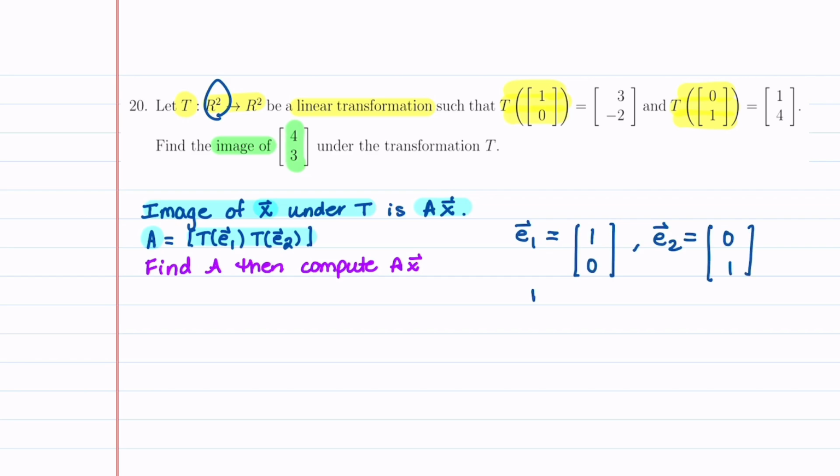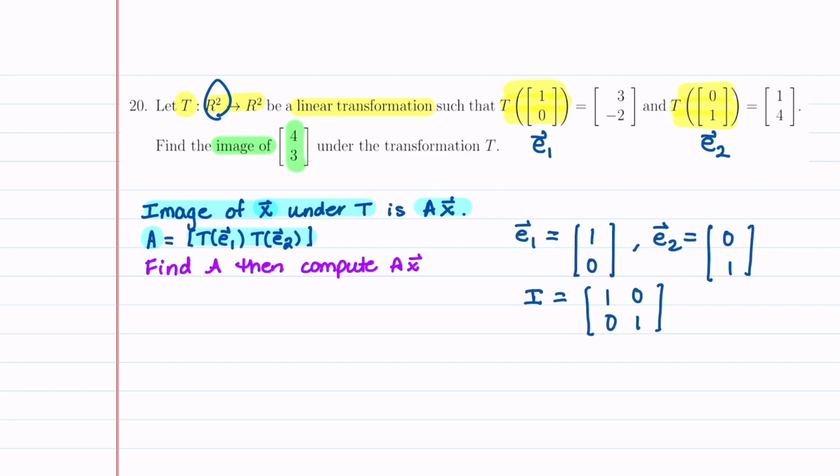And these just come from our 2 by 2 identity, 1, 0, 0, 1. e1 is the first column, and then e2 is just the second column. Notice in our problem that this is e1 and this is e2, so we were actually given what T of e1 is and T of e2 is.